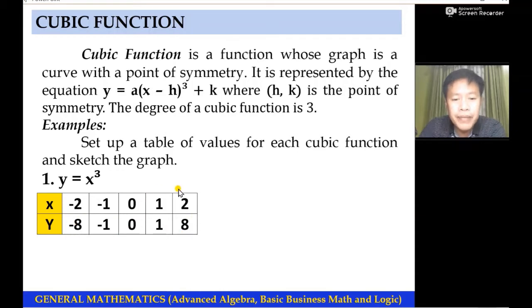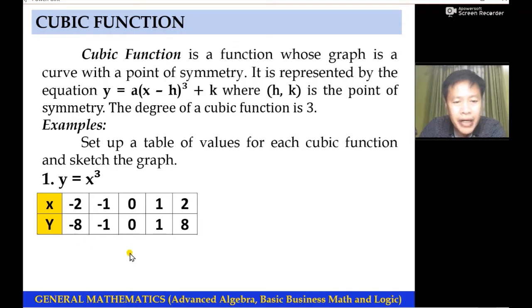You need to solve the values of y on the right side because it is not like that of the quadratic function in which the images of the two symmetric points are equal. Here, the images are not equal. Look at this one. The images are not equal.